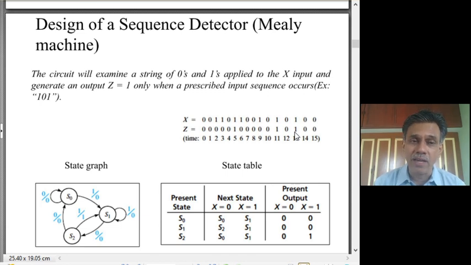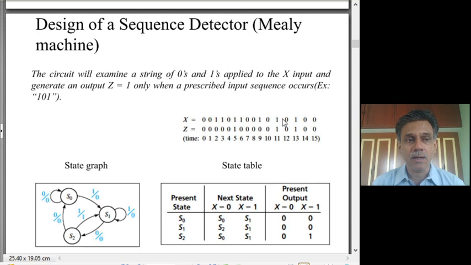You may also have a case where whenever you get a pattern of 101, the machine responds, and then it resets and looks for a non-overlapping pattern again in the input sequence, which means that we should not have overlapping 101s.